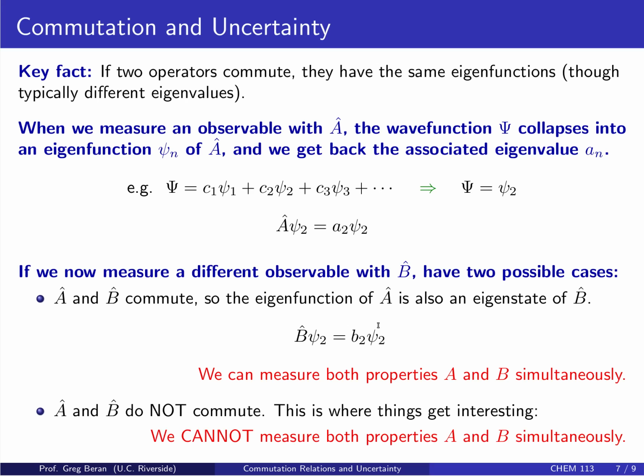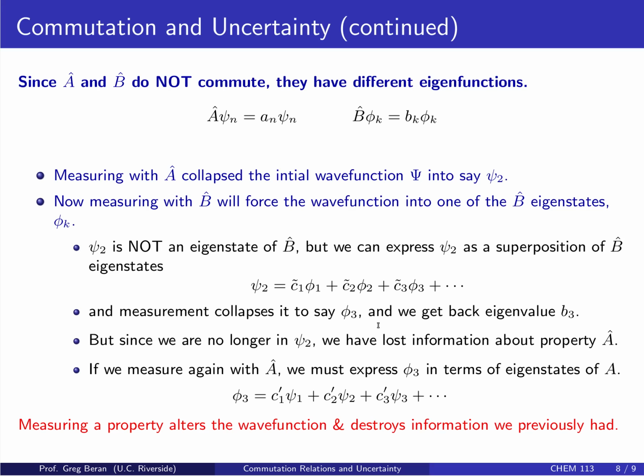But if a and b do not commute, then things start to get interesting. Then we cannot measure both properties a and b simultaneously. To see how this works, let's look a little more closely. Since a and b do not commute, that means they have different eigenfunctions or different eigenstates. So we can let lowercase psi be the eigenstates of operator a, and we can let phi be the eigenstates of operator b.